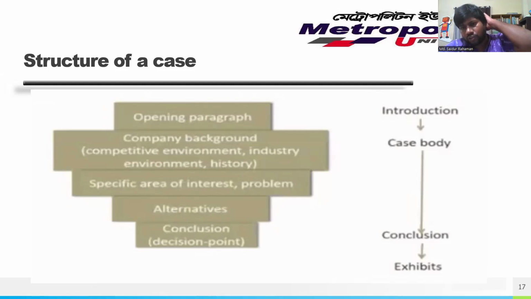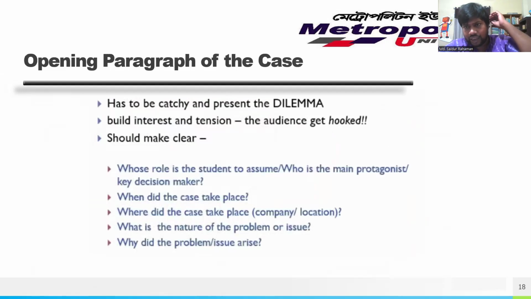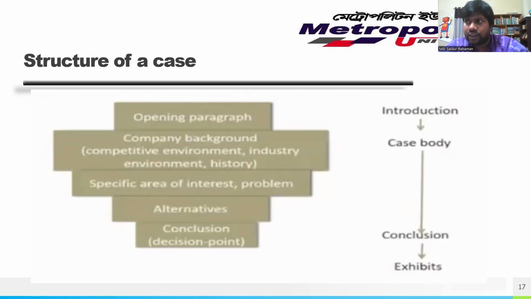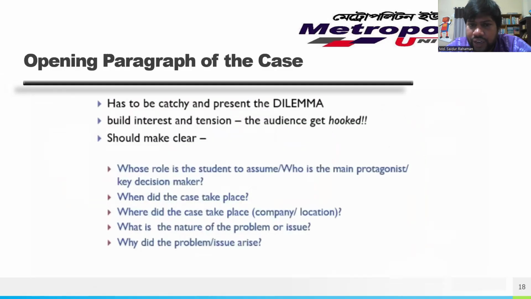So this is the structure of a case, and among all the things, in the view of many scholars and authors of case studies, the opening paragraph of the teaching case study is very important.